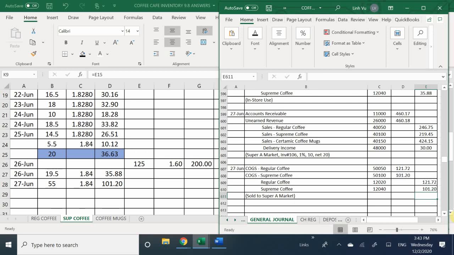And then in the notes, we can just put sold to. Yeah, because they can return to us. Do we put the invoice number again? You don't have to. And then that is it, I think.